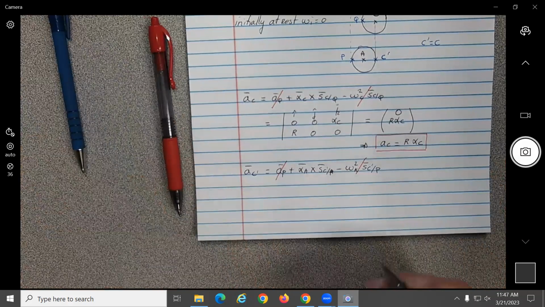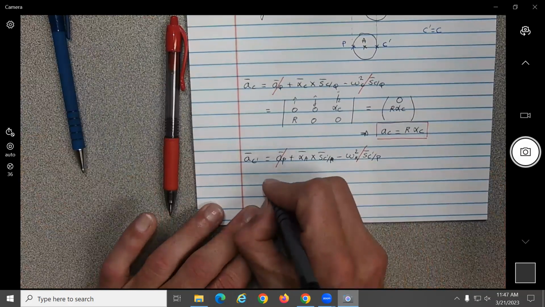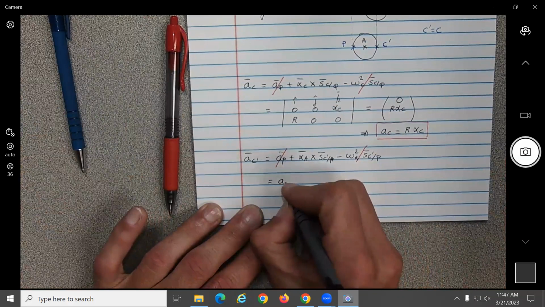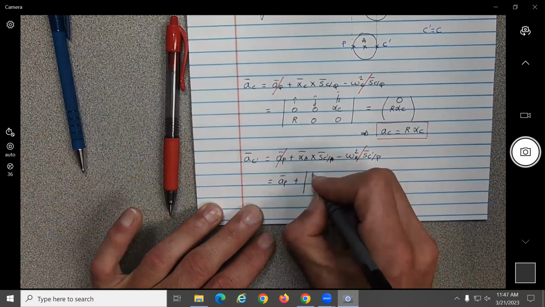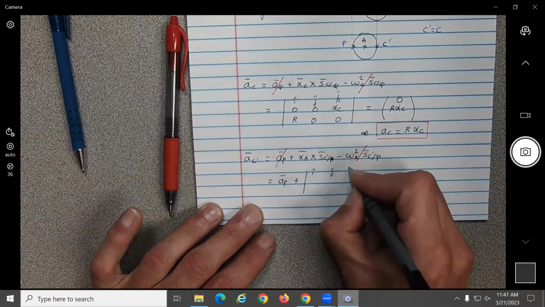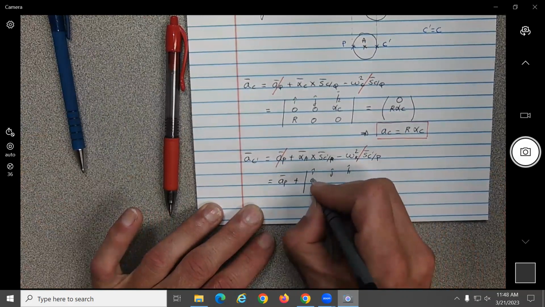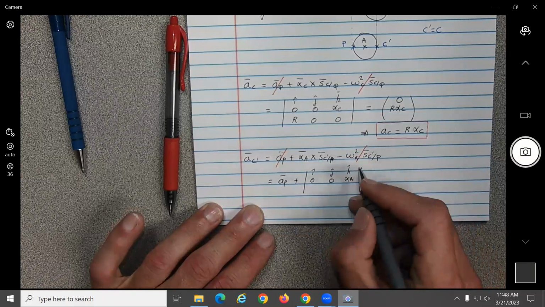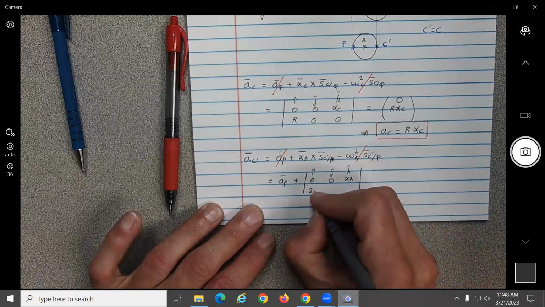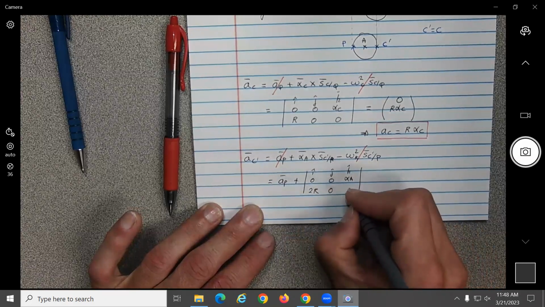So if you ask me on the exam, what I would like to see is that you do this, okay? So you show me that you have a great understanding. You do A of P plus I J K of 0, 0, alpha A. What is the position of C prime with respect to P? 2R, 0, 0.